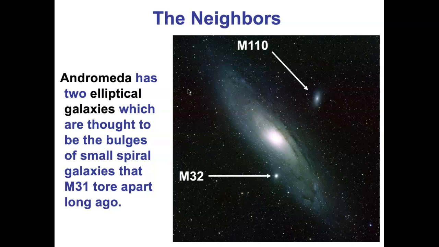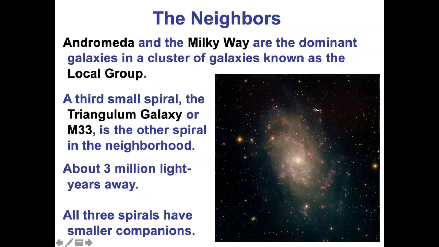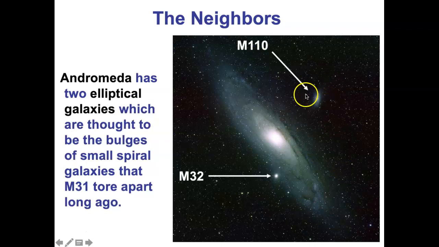M32 and M110 are these dwarf ellipticals. What's an elliptical galaxy? It's an oval. It's an oval-shaped ball of stars. Sometimes the elliptical galaxy looks more round, more spherical. Sometimes they're more elongated and more oval-shaped, shall we say.